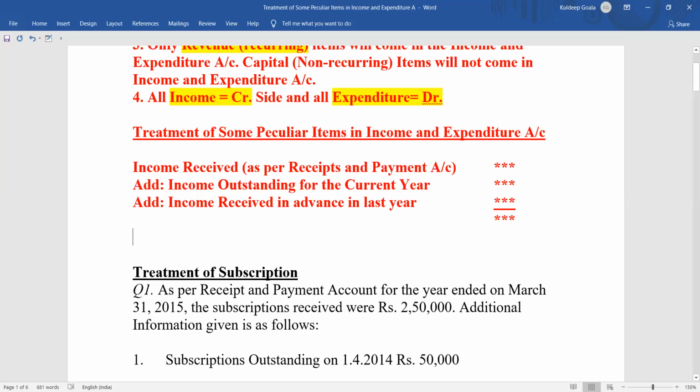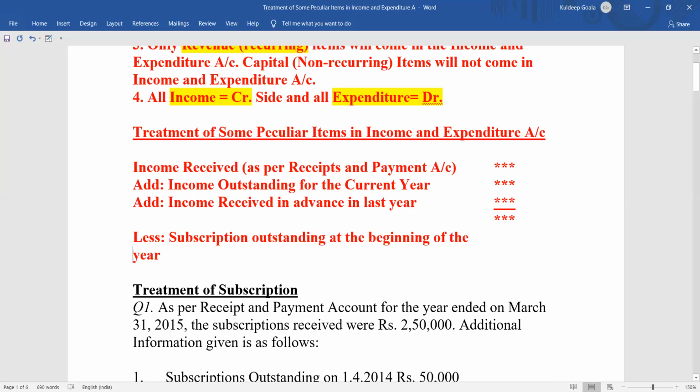So in that, what you have, less, first is subscription outstanding at the beginning of the year. You should remember that.